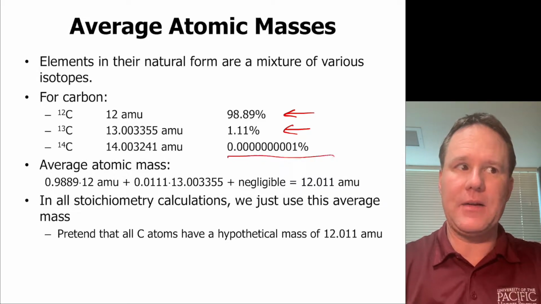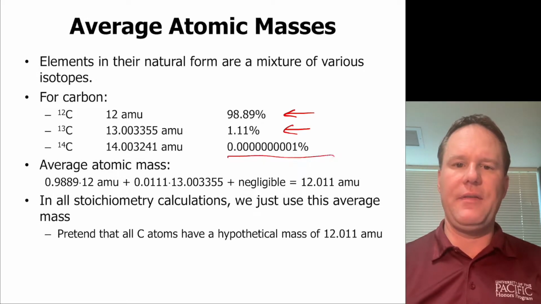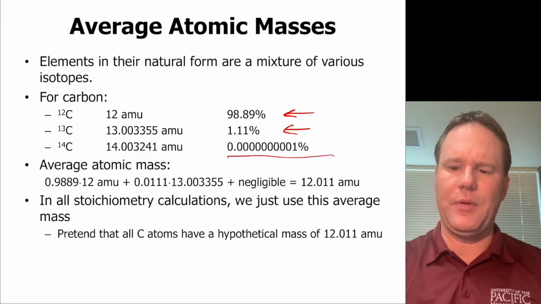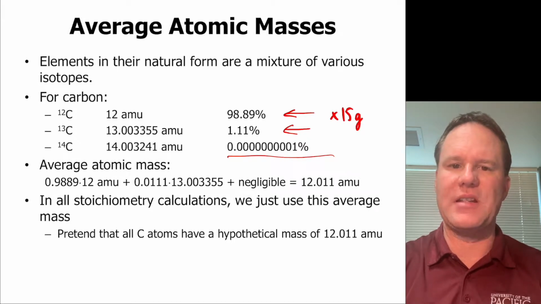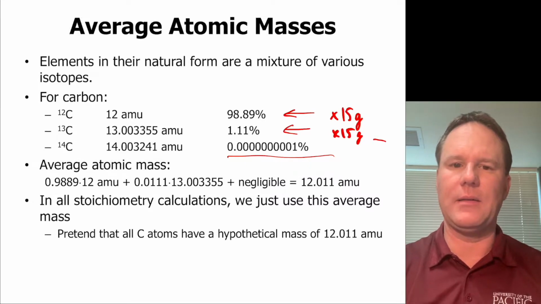When we do the calculations, let's say if I have 15 grams of carbon, calculating that 98.9% of it will be carbon-12, and then how much is carbon-13, and multiplying it and so on.